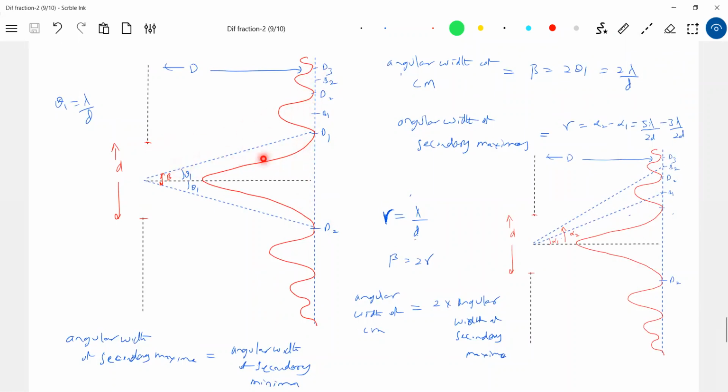Then if you look at all our devices, telescope, microscope, all optical instruments, are they designed using wave optics or ray optics? Using ray optics. And why this slit? You look at the microscope, the lens becomes like a slit, because the light passes through the lens. In a telescope, the light emitted by a star passes through the lens, and the lens behaves like a slit.